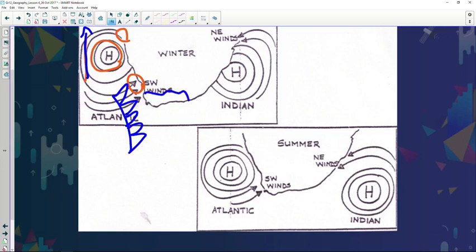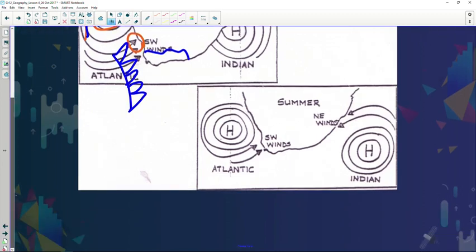Now what happens during summer? This whole South Atlantic anticyclone migrates south. So what happens? Mid-latitude cyclones can't have an influence on South Africa's climate during the summer.